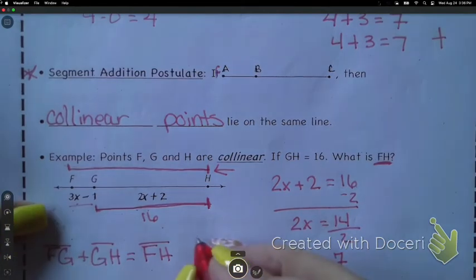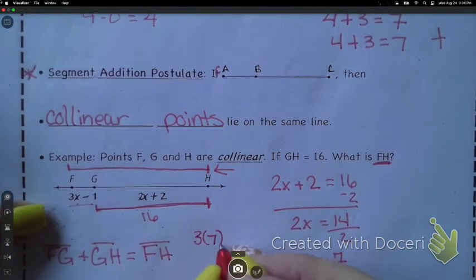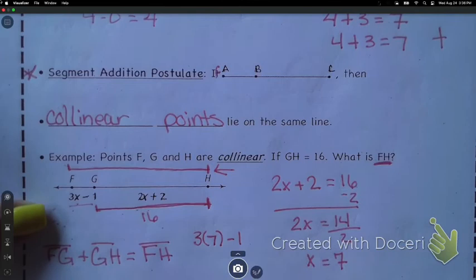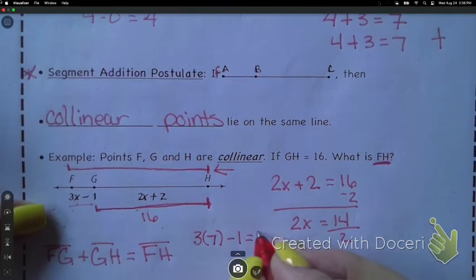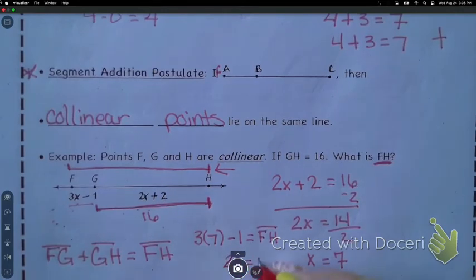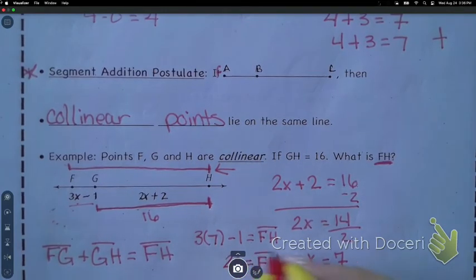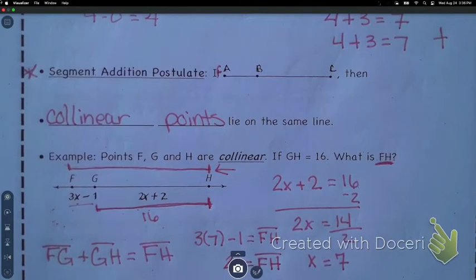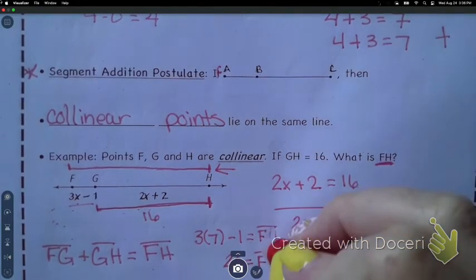So I get 3 times 7 minus 1. So what is 3 times 7 minus 1? 20. So 20 equals FG, right?